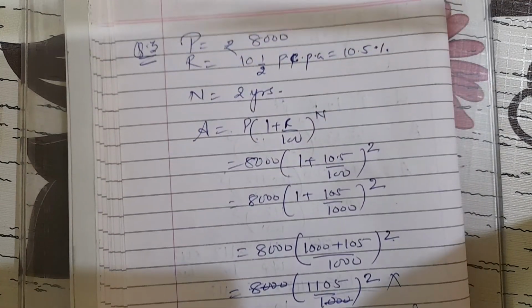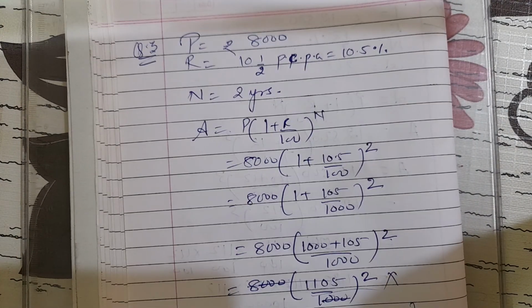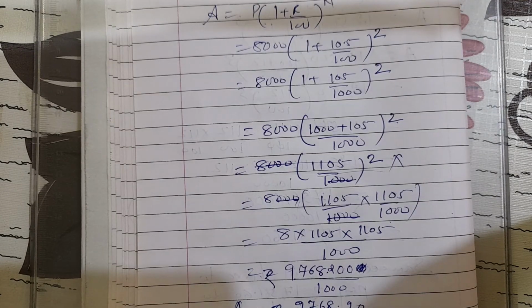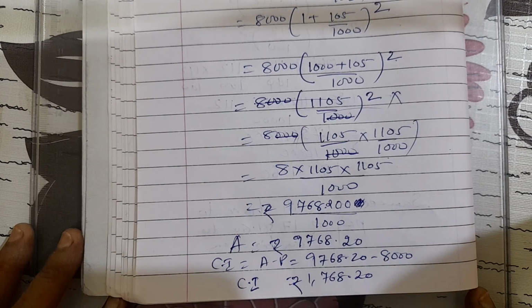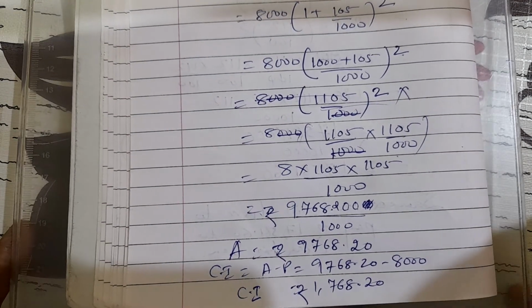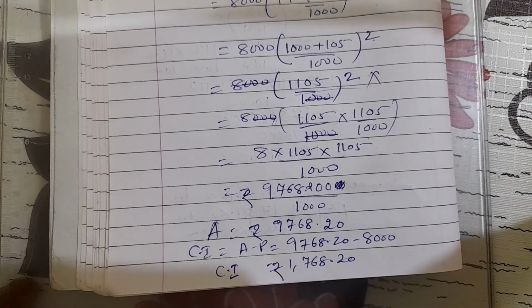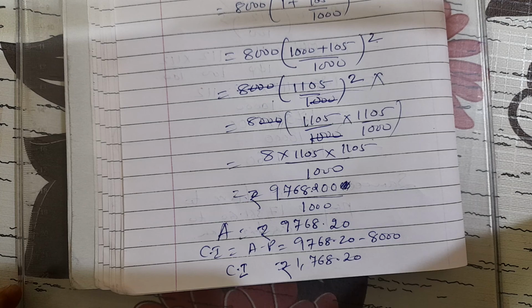Again I repeat the statement, you will write on your own. Shalaka will pay rupees 1768.20 as compound interest. So with this we have completed our first practice set, that is 14.1.